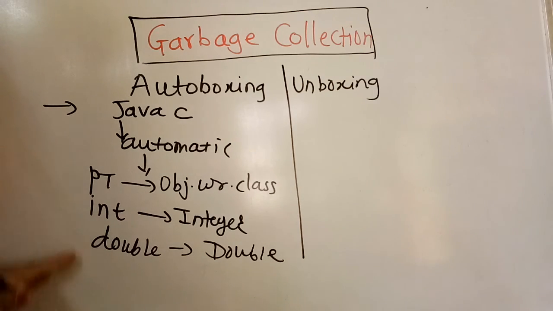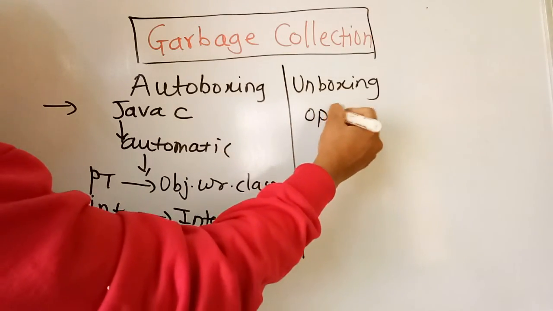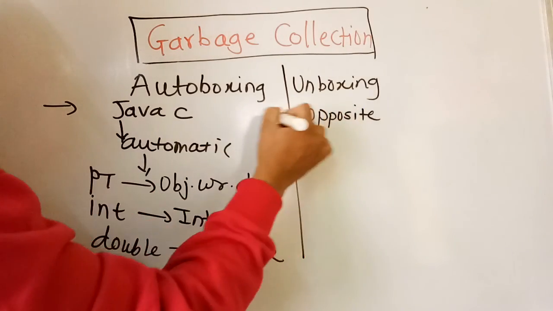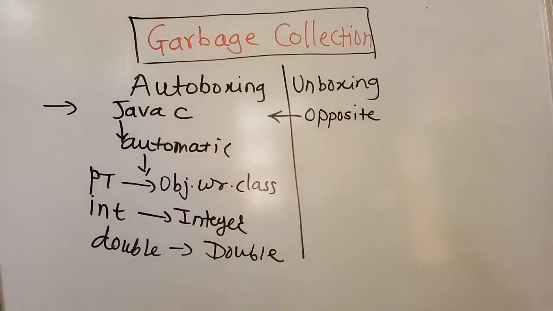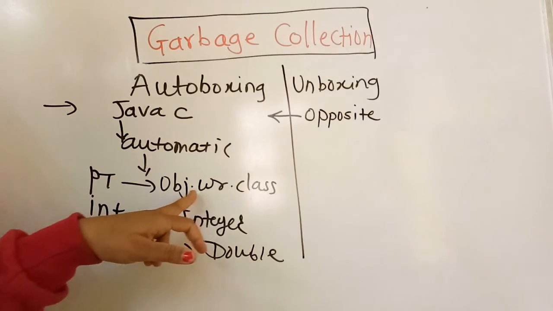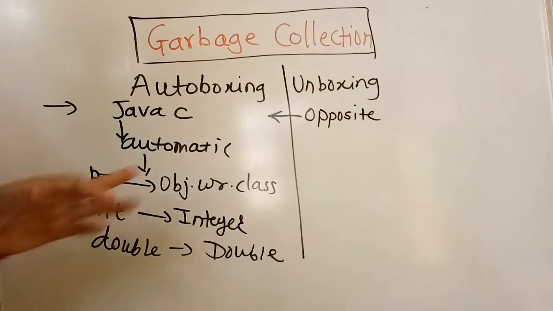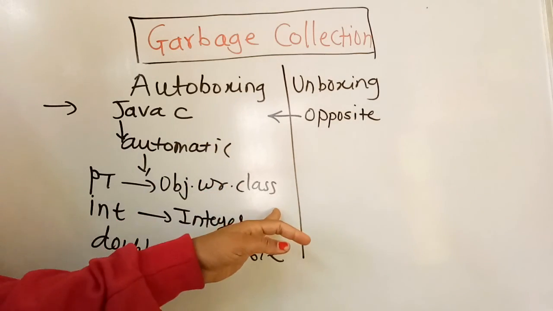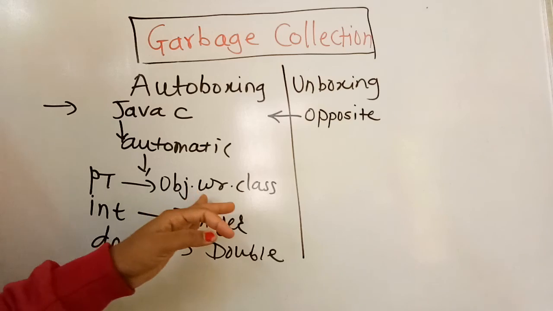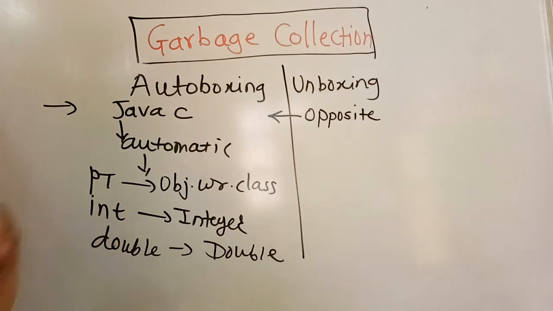So it is known as autoboxing. Unboxing is the total opposite mechanism of autoboxing. Here we are wrapping primitive types into object classes, and there we are unwrapping, meaning converting these wrapper classes into their primitive types. That is known as unboxing.